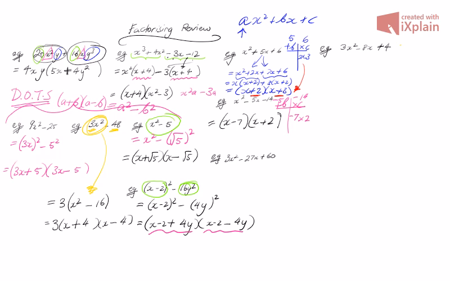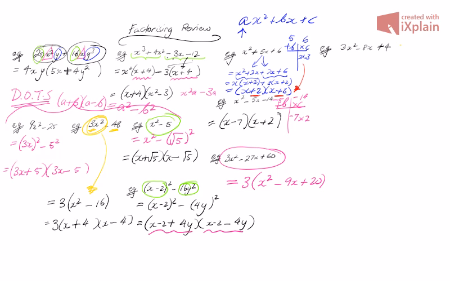This third example is actually a monic as well. However, it's what we might call a cheeky monic, because there's a common factor in there that's making it look like it isn't a monic, but it is actually a monic once we factorize that out. So it has a common factor of 3. If I factorize that out, I get left with x squared minus 9x plus 20.